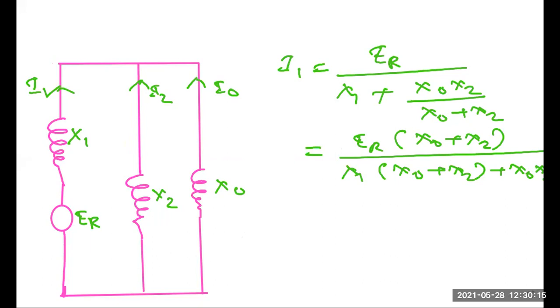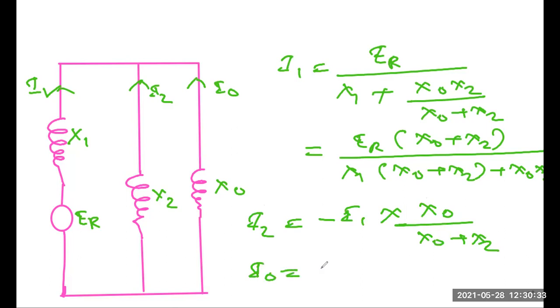Okay, so I2 equal to minus I1 into X0 by X0 plus X2. This is the current division rule we are using.